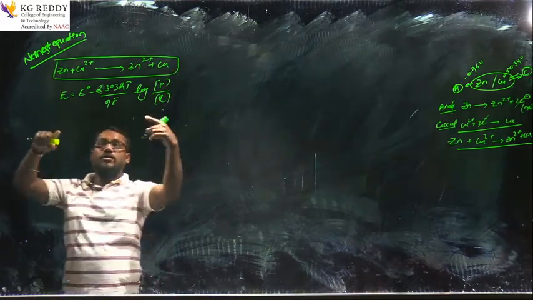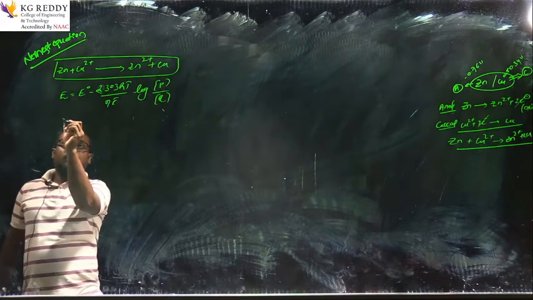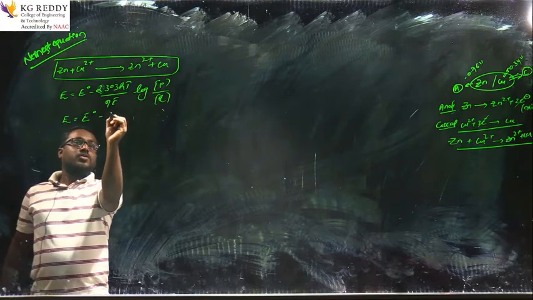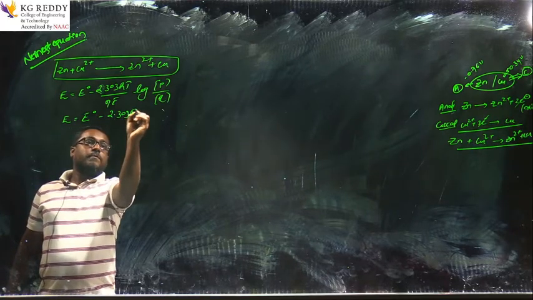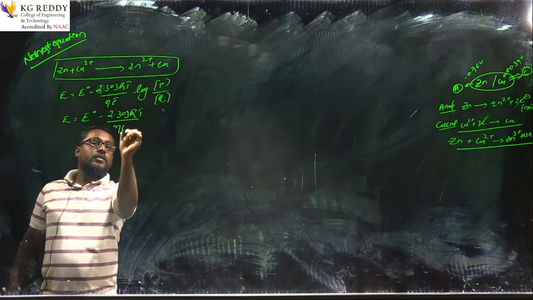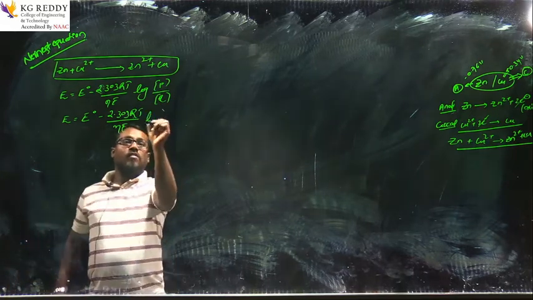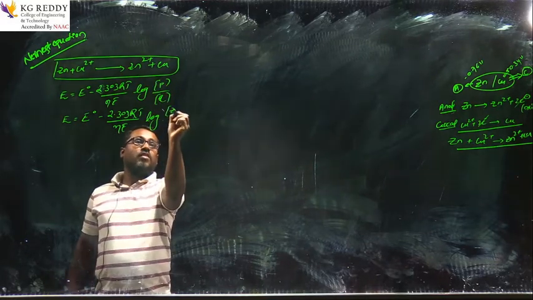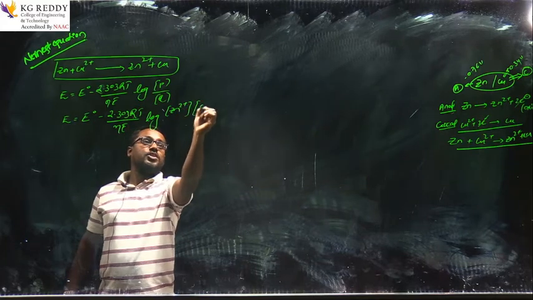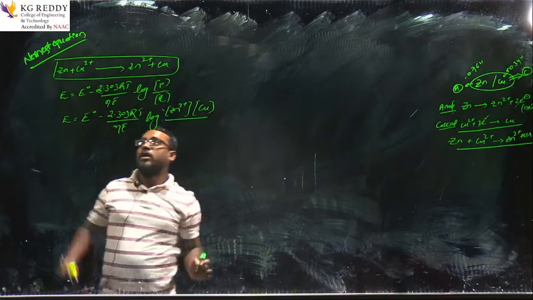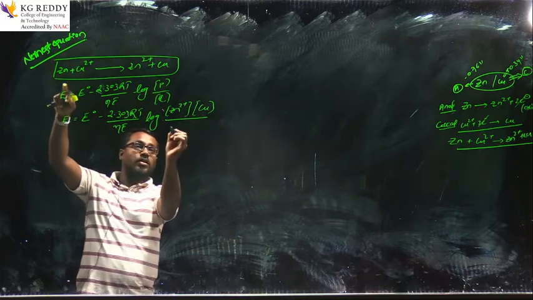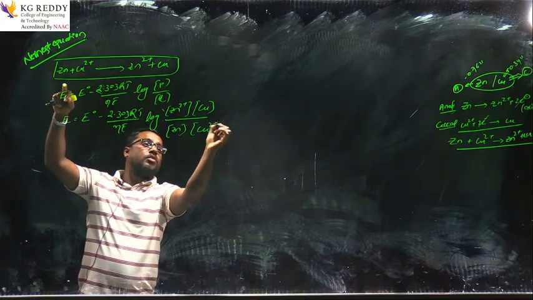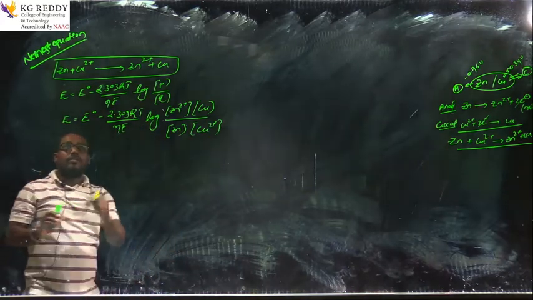Using this chemical reaction, we write it as E equals E naught minus 2.303 RT by nF, log of the concentration of Zn2+ and the concentration of Cu, which are the products, divided by the concentration of Zn and the concentration of Cu2+, which are the reactants.